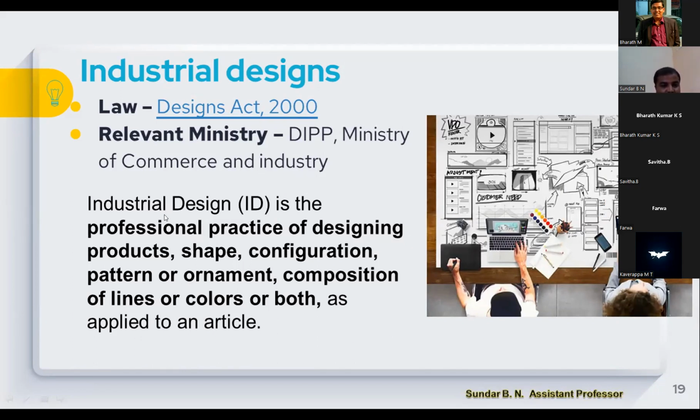So what is industrial design? Industrial design is the professional practice of designing. The term itself is telling: designing. Designing of what? Designing of products, of shape, any shape. You may see in this picture, so many designed works are there, and configuration.